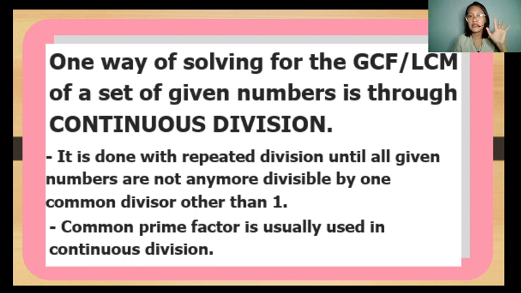So, dun lang po sa 5 na yon tayo pipili na maging divisor. Common prime factor or common prime divisor ng set of given numbers natin. So, lagi tayo mag-i-start sa pinakamaliit, papalaki, para mas ma-organize yung ating continuous division. Pero pwede din naman siyang maghalo-halo as long as mag-a-arrive tayo sa isang tamang sagot.